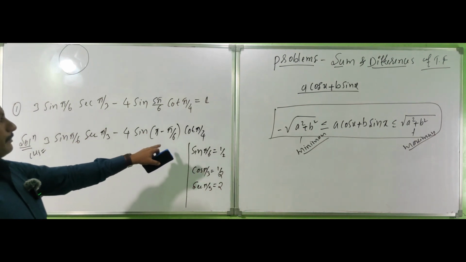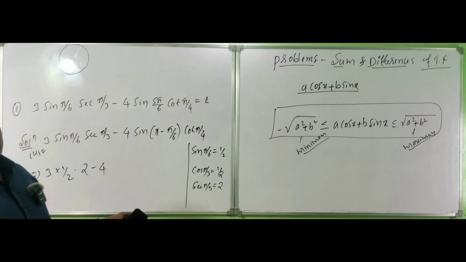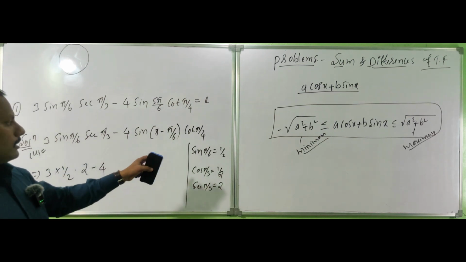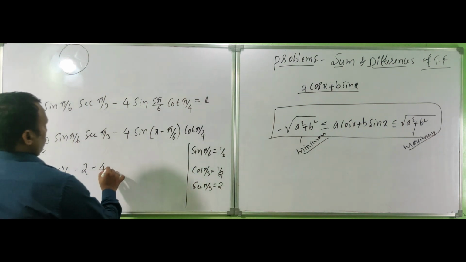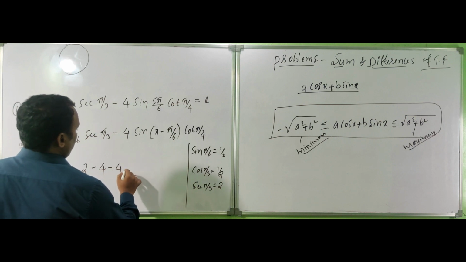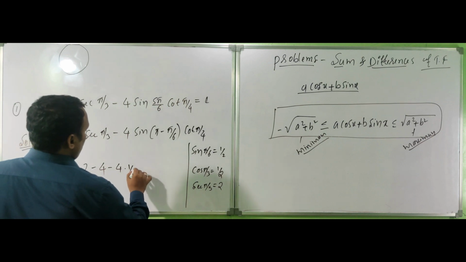Pi minus pi/6 is in the second quadrant, where sine is positive, so this becomes minus 4 into sin(pi/6), the value 1 by 2, times cot(pi/4).